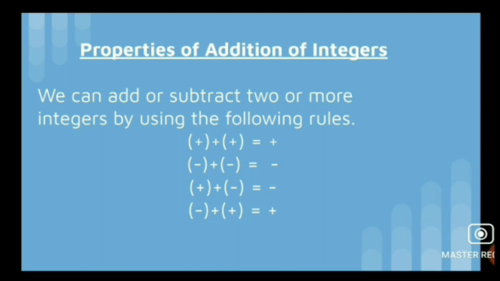If we have alternate signs, when one positive integer and one negative integer are added, we have to subtract them as whole numbers by considering the numbers without their sign, and put the bigger number's sign. So plus, minus, we have to subtract and put the greater number's sign. Next, minus, plus. Here also we have to subtract and put the greater number's sign.